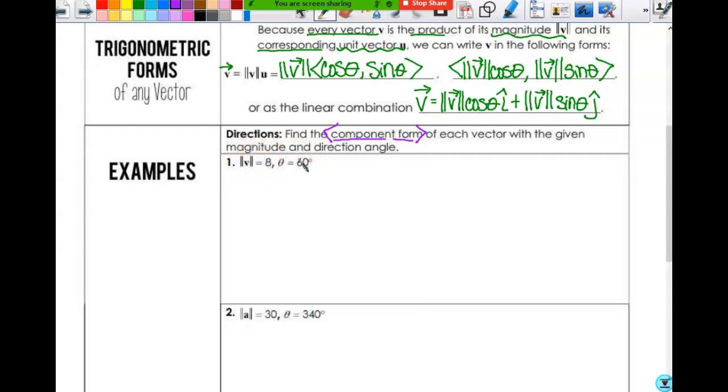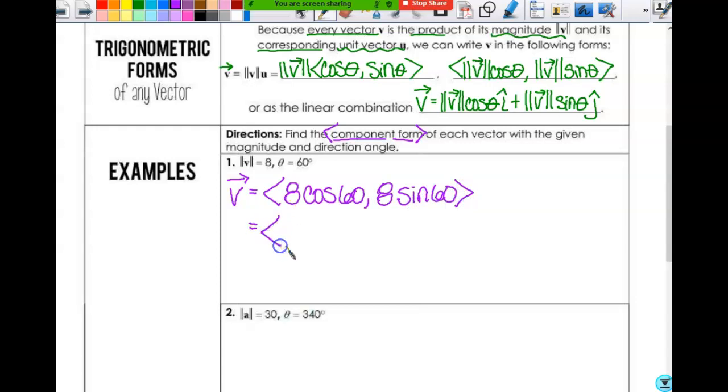Just like this right here, r cosine theta, r sine theta, or mg cosine theta, mg sine theta, if you're thinking physics. So I have this. That means that for vector v, all I have to do is take the magnitude, which is 8, multiply it by the cosine of 60, and then 8 times the sine of 60.